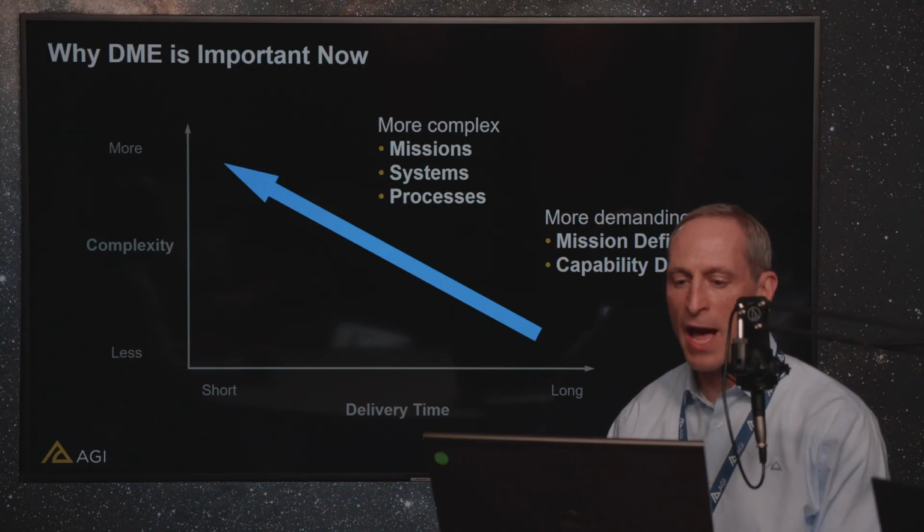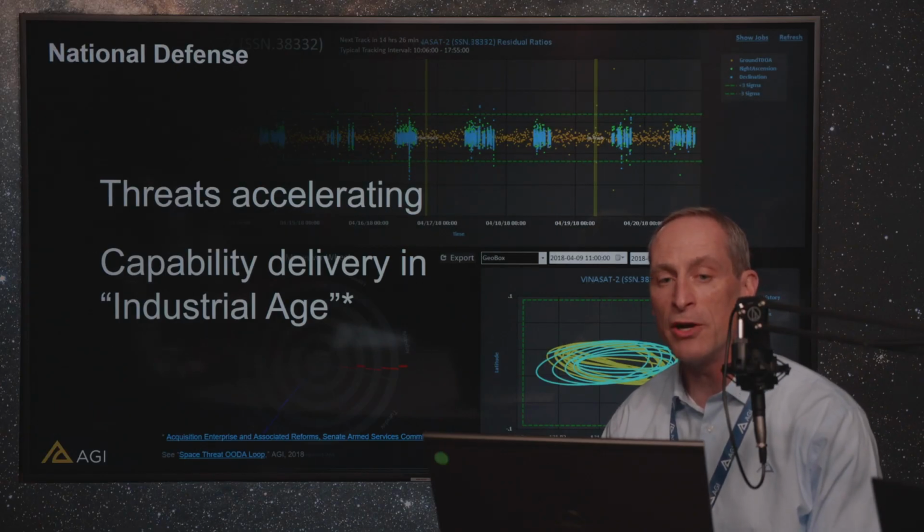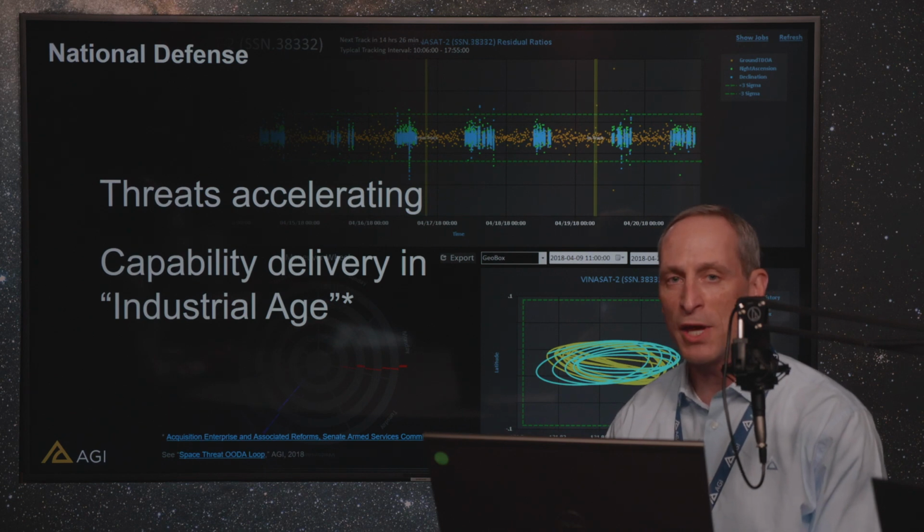So really what we're trying to accomplish with the use of digital mission engineering is addressing these two competing requirements. The complexity is increasing dramatically, and at the same time, we have to respond with more capability faster. And we see this in a lot of application areas, certainly in the area of national defense. As we think about the threats that we're facing, threats are responding much more quickly.